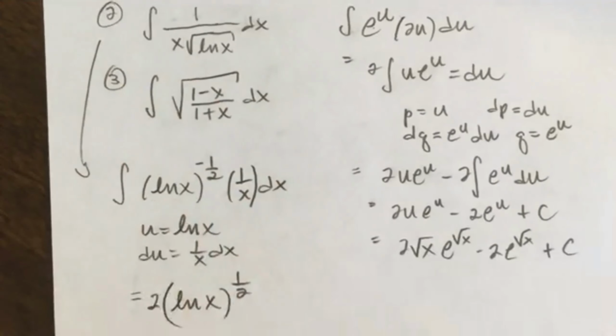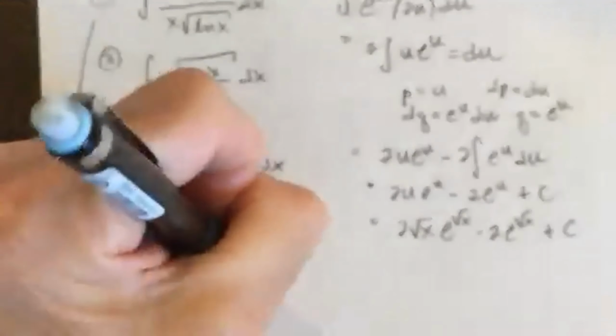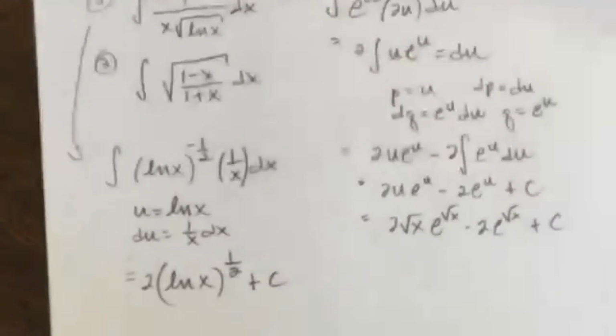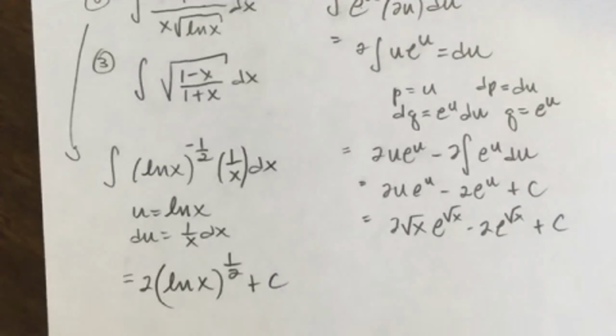I'm going to need a 2 to get rid of it, and I think we're done. So if you see it as a chain rule, pretty fast, pretty easy. If you don't see it as a chain rule and you try integration by parts, you probably spend 15 minutes, get the same answer. Okay.